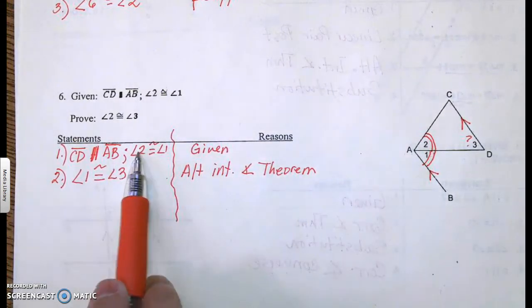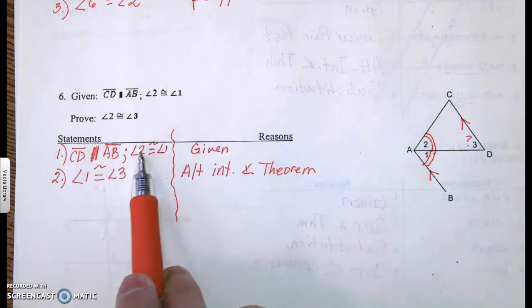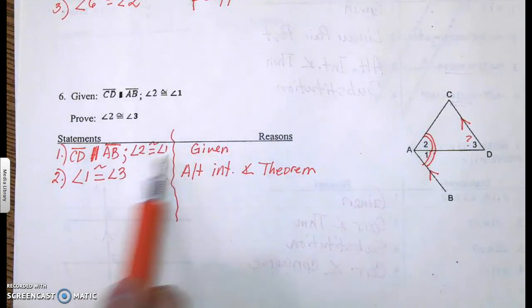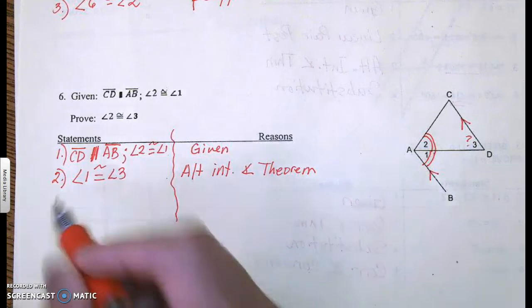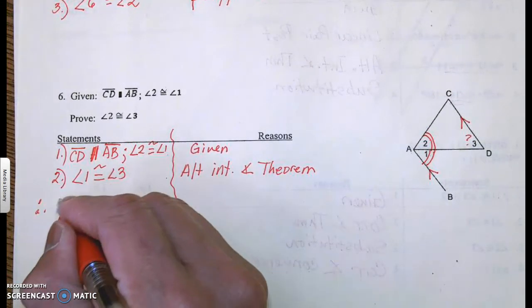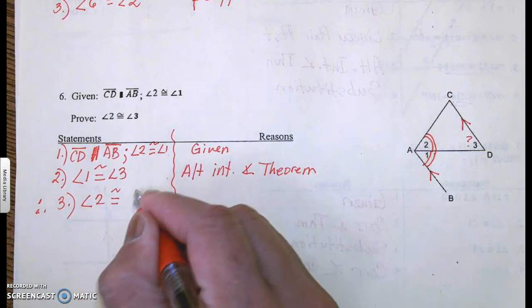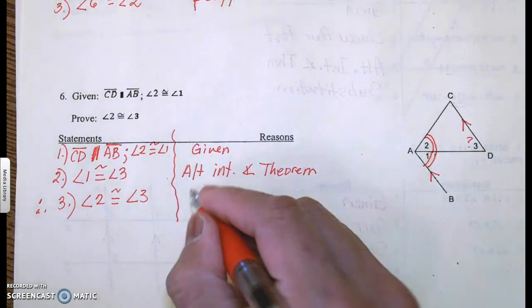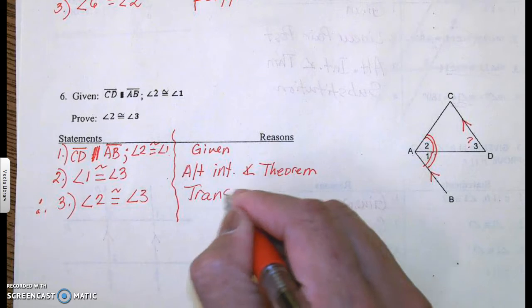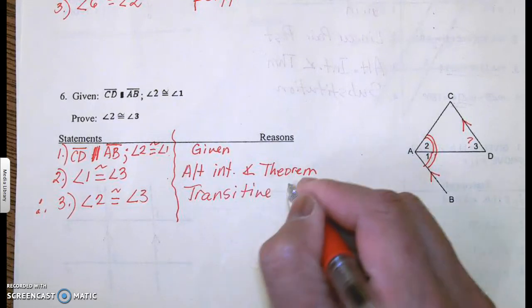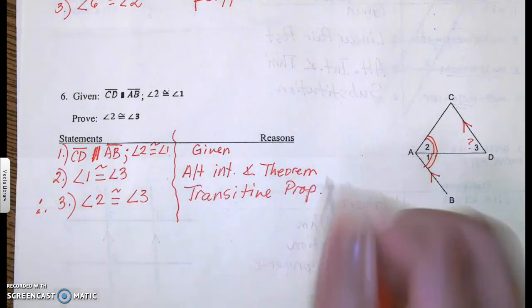This is a very clear transitive right here. If angle 2 is congruent to angle 1 and angle 1 is congruent to angle 3, therefore angle 2 is congruent to angle 3. This is a very clear transitive property of equality.